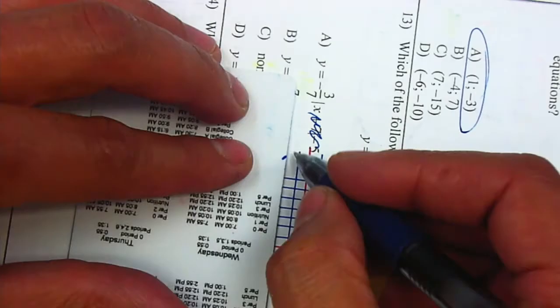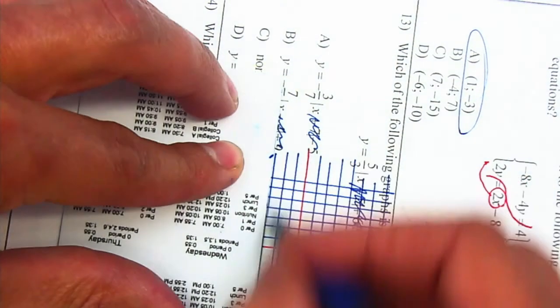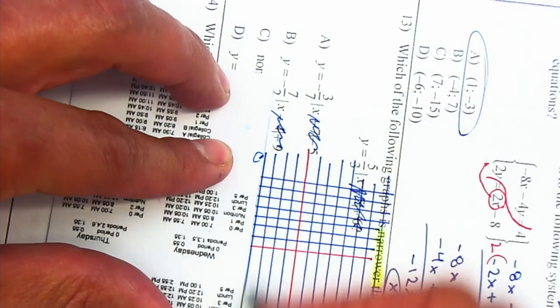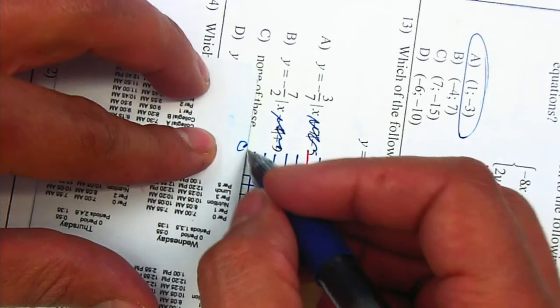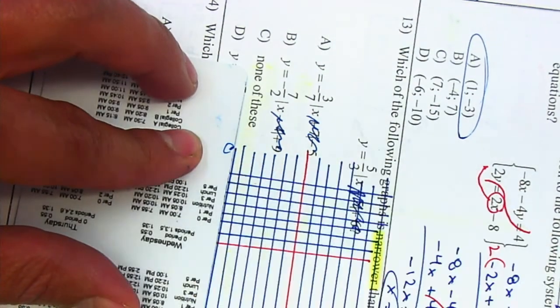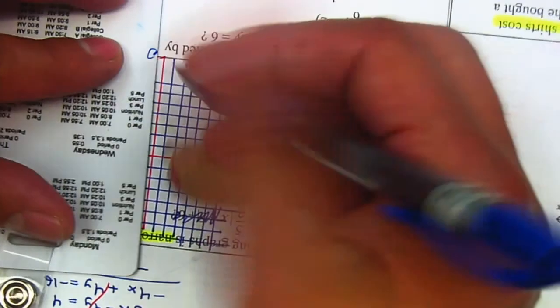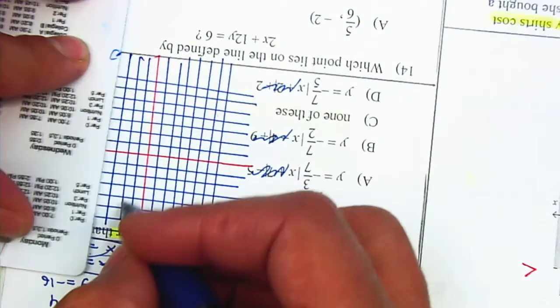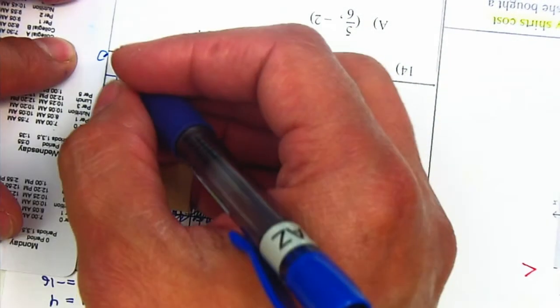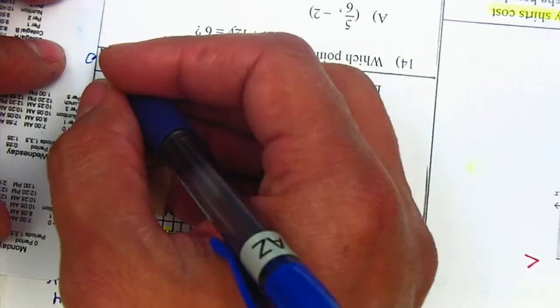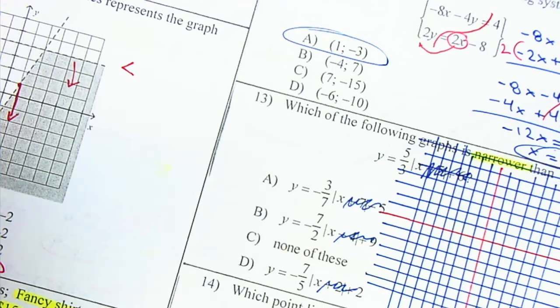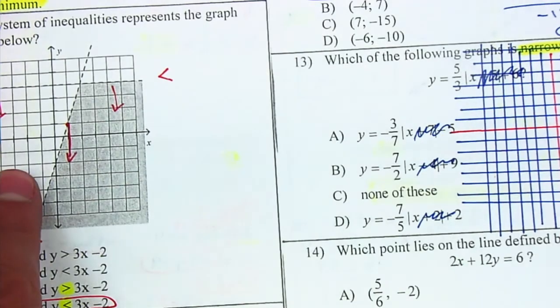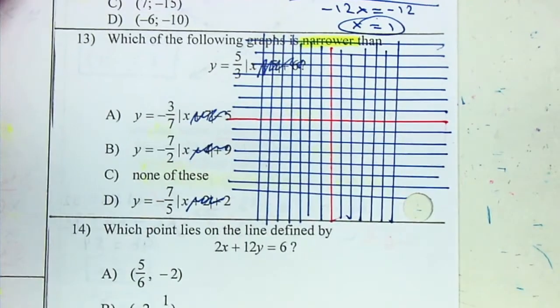Rotate it. 1, 2, 3, 4, 5, 6, 7. Rotate it. Now we are going to use this, or you can use the one on the side if you want. But let me just use this one for now.